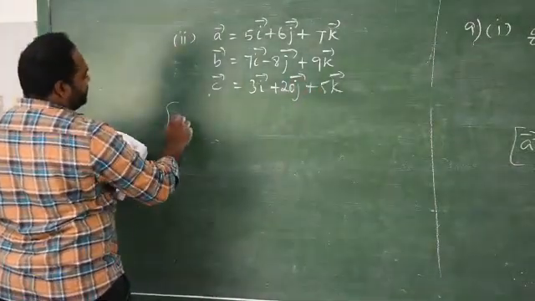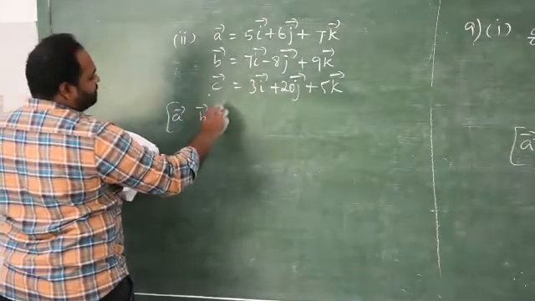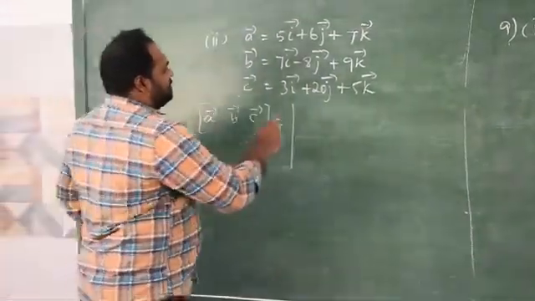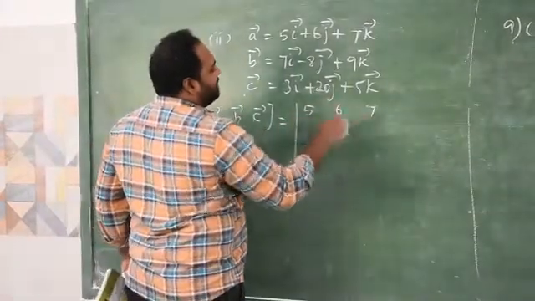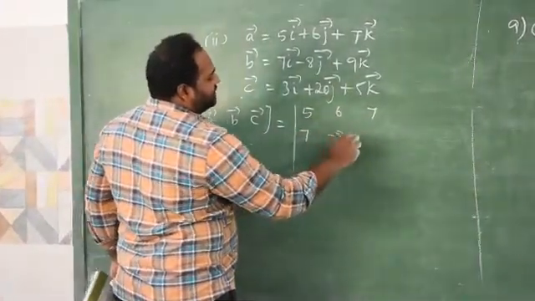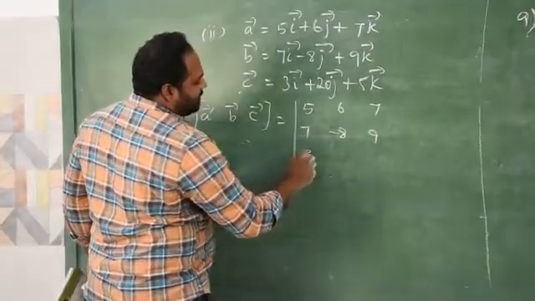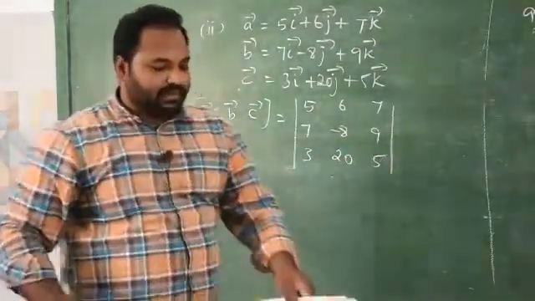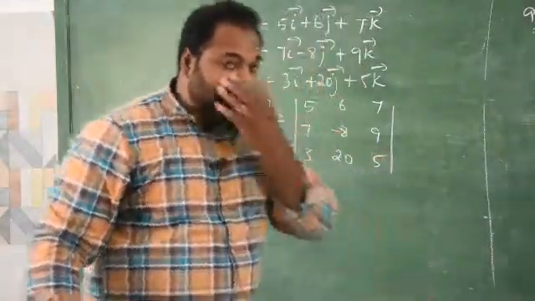So here also, box product of A, B, C equals the modulus of 5, 6, 7, 7, minus 8, 9, 3, 20, 5. You have to take the determinant value very carefully, otherwise you will get the wrong answer.